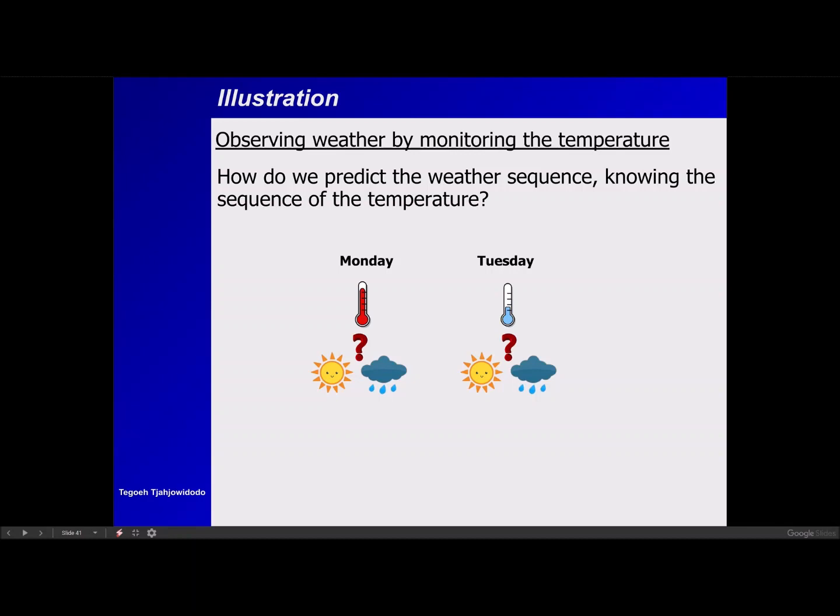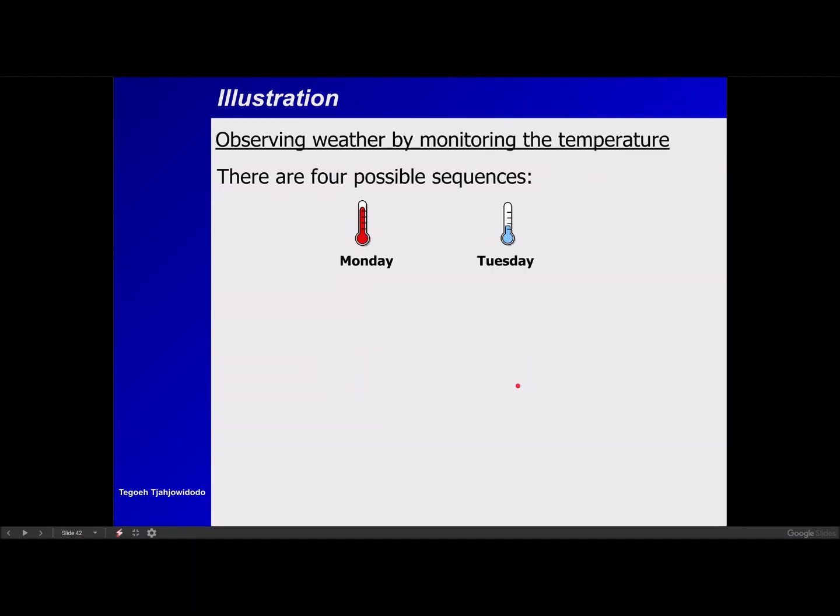The hidden state here is the weather, because we cannot see outside, we are in a closed room. All we know is the observable state, which is the temperature. So how do we predict the weather sequence knowing only the temperature? In this case, let's take a simple example.